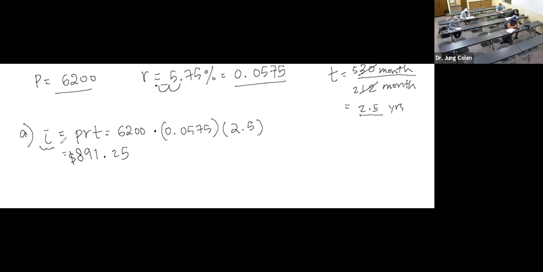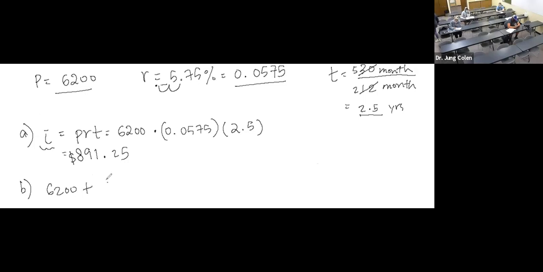That's just interest. Now, part B is asking you to determine the amount, principal plus interest, Sherry will pay the credit union back at the end of the 30 months, right? So how much does she need to pay back then? Interest plus principal, right? How much did she borrow? She borrowed $6,200, so she needs to pay that back.